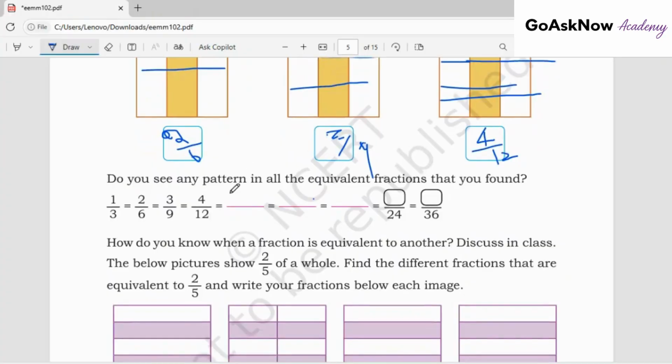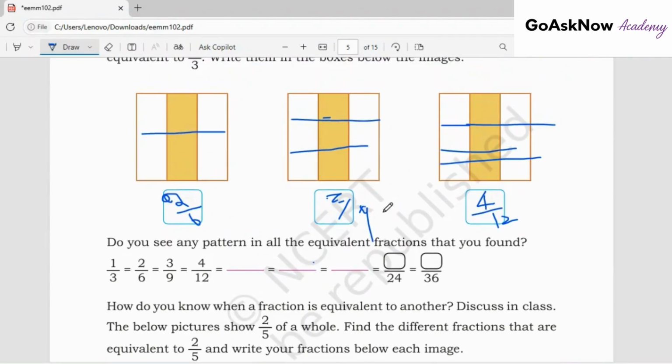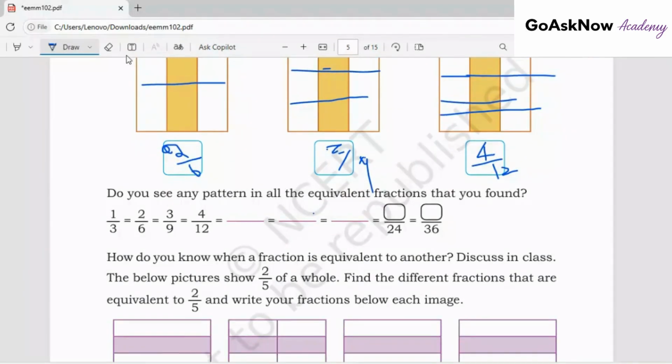Now, do you see any pattern in all the equivalent fractions that you found? Yes, the same pattern is repeated. Now, finding the next values. Here adding one value, 5. Next, 15.